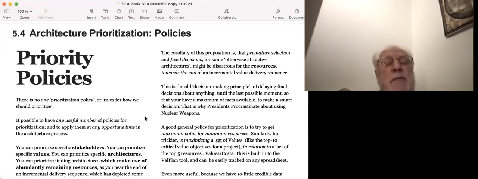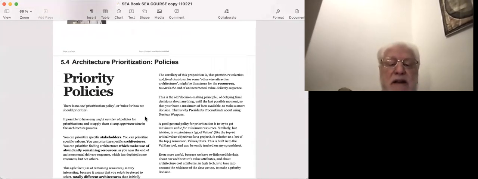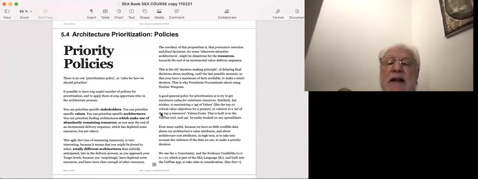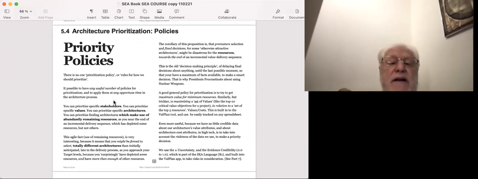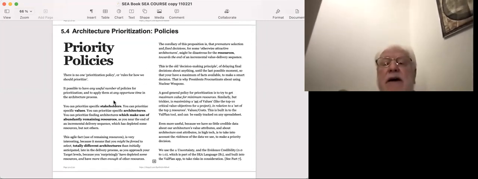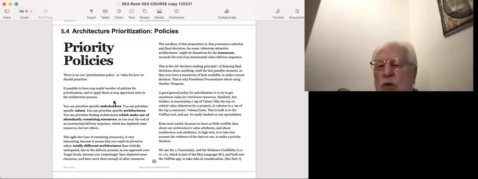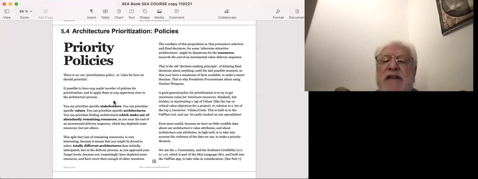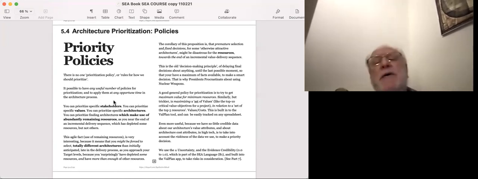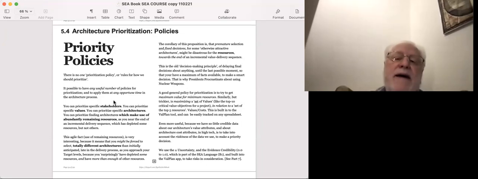Here are some policy ideas, and in a way, I think I've handled them, so I won't go as far as reading the text here. I did say that you need to have a specific, written, approved policy, that the powers that be are behind and care about. Do you really have a prioritization policy? I'm guessing most of you have an organization which does not have a clear prioritization policy, for example, for agile delivery.